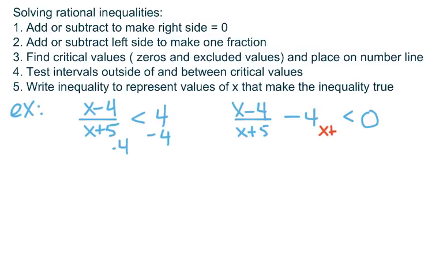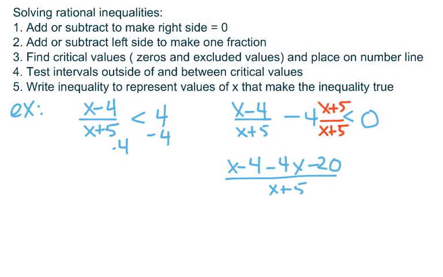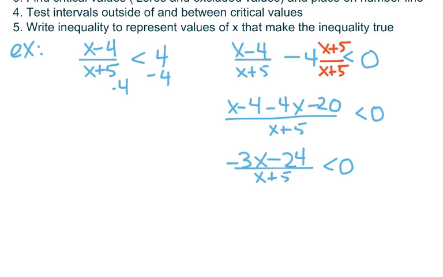So I'm going to multiply this negative 4 times x plus 5 over x plus 5. And I get x minus 4 minus 4x minus 20. I have to remember to distribute that negative. All over x plus 5 is less than 0.